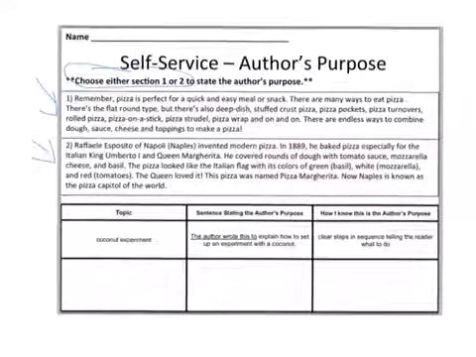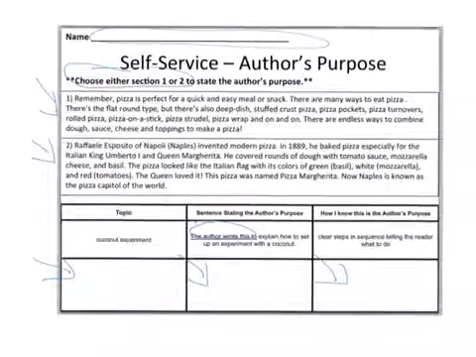It doesn't matter to me, whichever one you feel more comfortable with. Choose either one, and then on your paper, fill in the topic, your sentence. Remember to use that sentence stem. The author wrote this too. And then, how do you know? This is exactly the same steps as yesterday from Teacher Table. Make sure your name is on it, and then turn it into the basket, please.